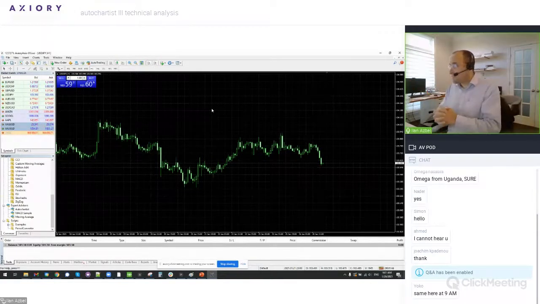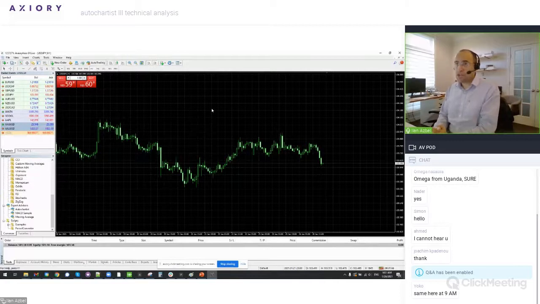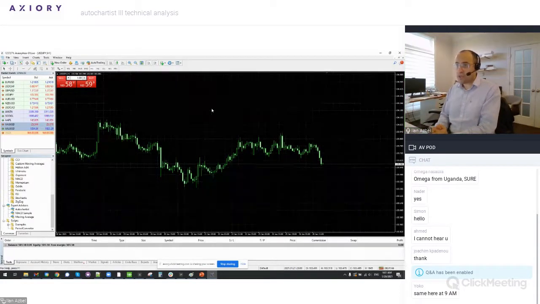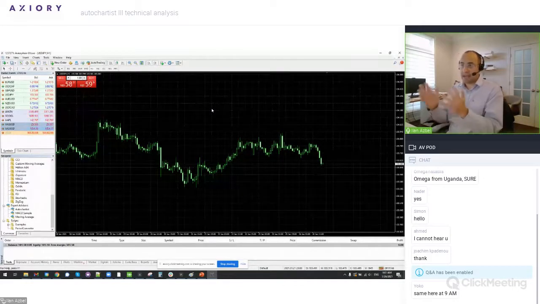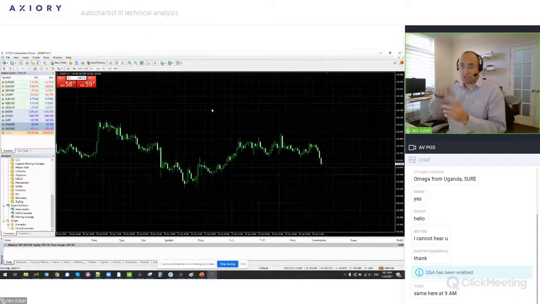Now you can all see my MetaTrader, I hope. So where should I start? I think when we look back 30 years, there was a situation where people didn't have these amazing tools like MetaTrader or other trading platforms that drew all these charts for you.